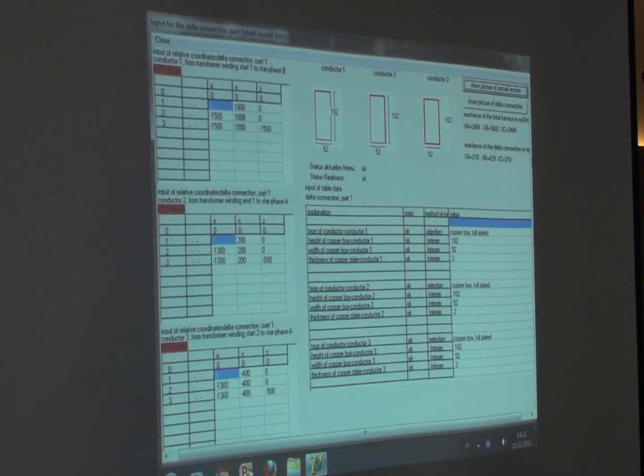This is this connection. XAB is 5x, XCA is 5/2x.